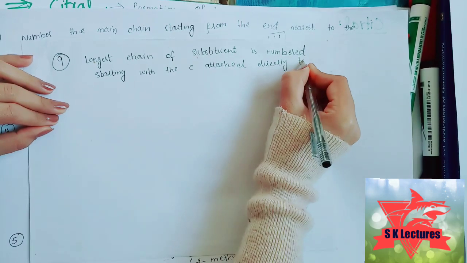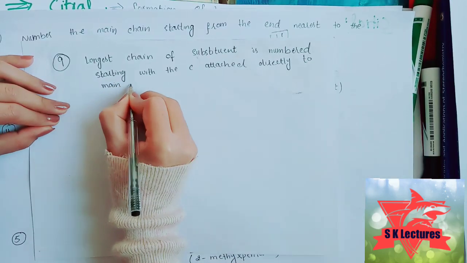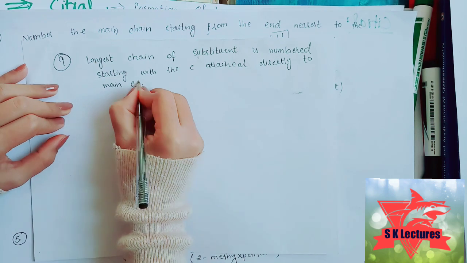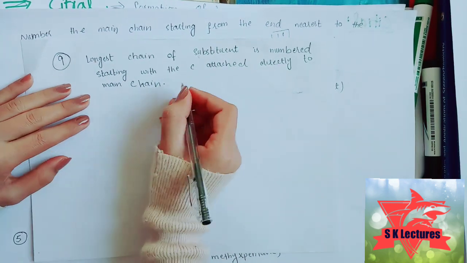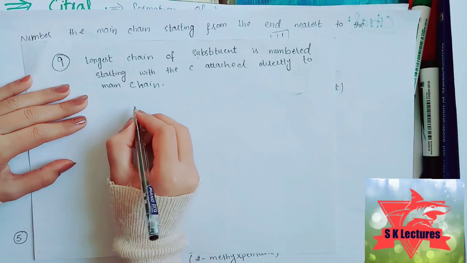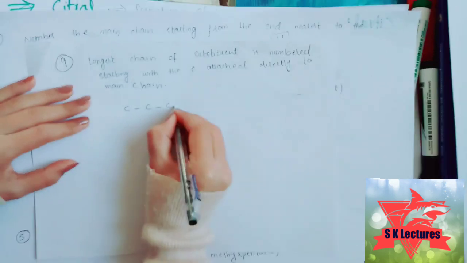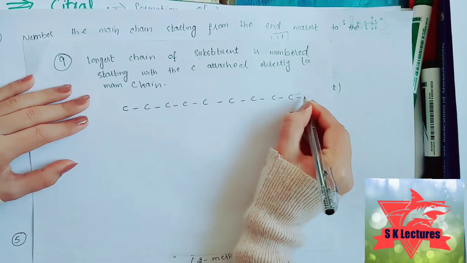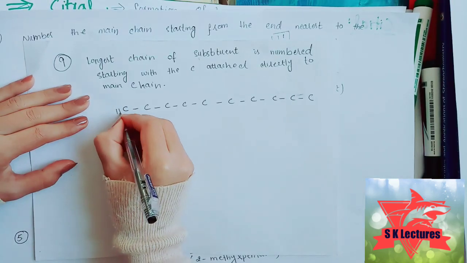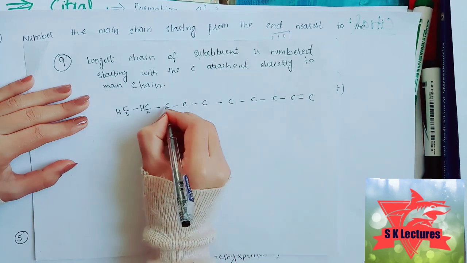For example, I will give you the longest chain with 10 carbon atoms, which we call decane. That chain will also have a propyl chain. You cannot say the subchain is propane because one hydrogen atom will be less, so that will be propyl.